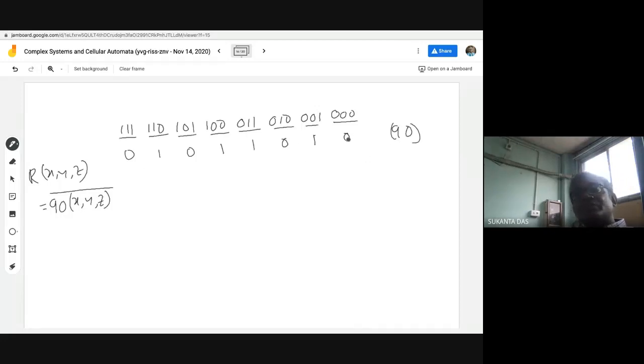Say 0, it is 0, so its complement is 1. It is 1, this complement is 0. It is 0, it is 1. It is 1, it is 0. It is 1, it is 0. It is 1. It is 0. It is 1. So I get a new 8-bit sequence. The second rule, what is this?